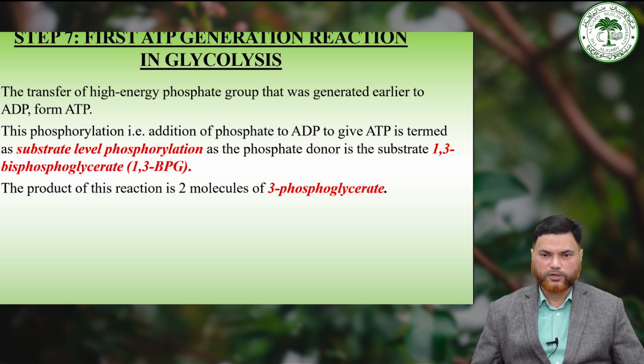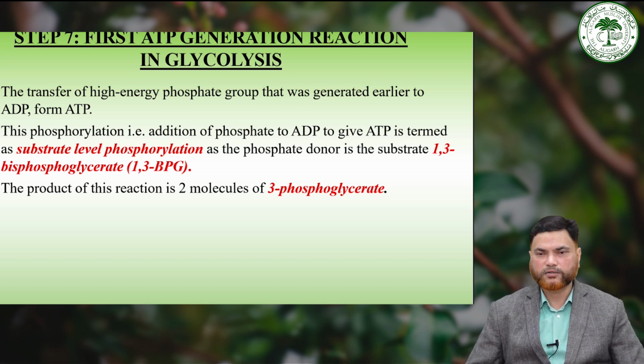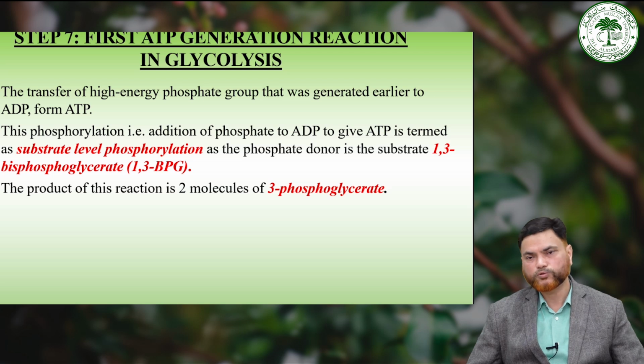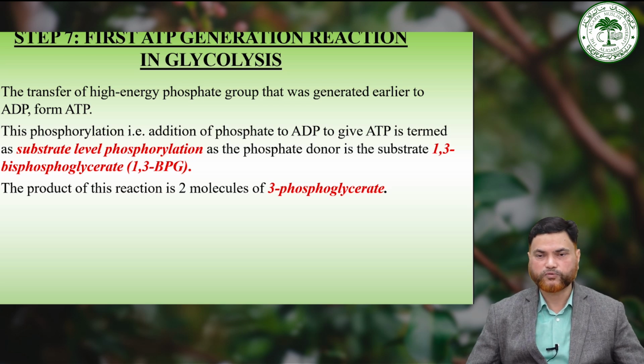Now the question arises: why are only certain compounds able to transfer their phosphoryl group to ATP? Why not other intermediates donate their phosphate group, because simultaneously there are a number of intermediates present inside the cytosol, but only certain compounds are able to donate their phosphate group to ADP.